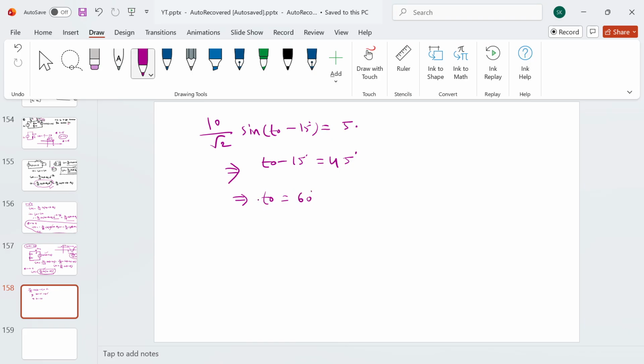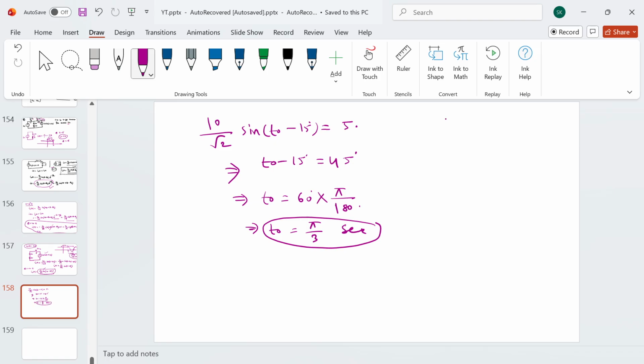It is in degrees, and omega is equal to 1 radian per second here. So I can convert this degree into radian by multiplying by pi by 180. So pi by 3. Sorry, pi by 3 second actually.